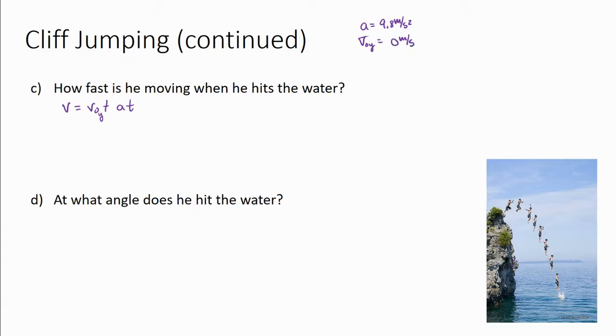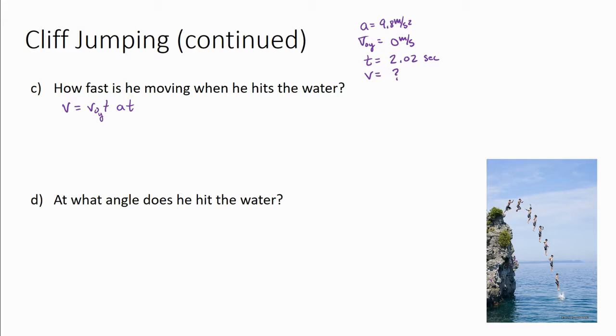We know that, because he just runs straight off the cliff, he has no vertical velocity initially. We know that our time is 2.02 seconds. And we are looking for our final velocity. So you put that all together and you can see that we need to use the John equation or the Paul equation.